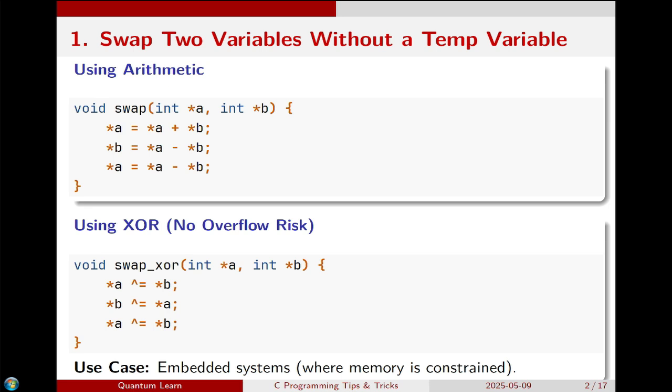Suppose the variables are A and B. You first XOR A with B, store it in A. Then, I'm sorry, you XOR B with A, store it in B. And finally you XOR A with B and store it in A. You can try this out yourself and see whether really the variables are getting swapped.